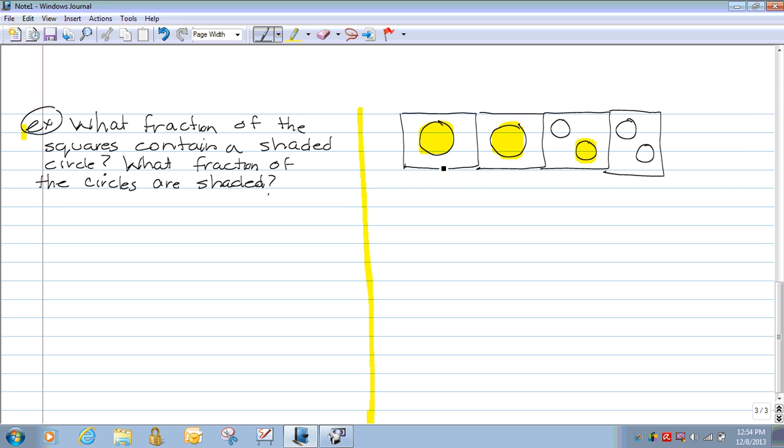We have a total of 1, 2, 3, 4 squares. That would go in my denominator. And how many squares have shaded circles in them? Well, I count 1, 2, 3. So 3/4 of the squares have shaded circles.